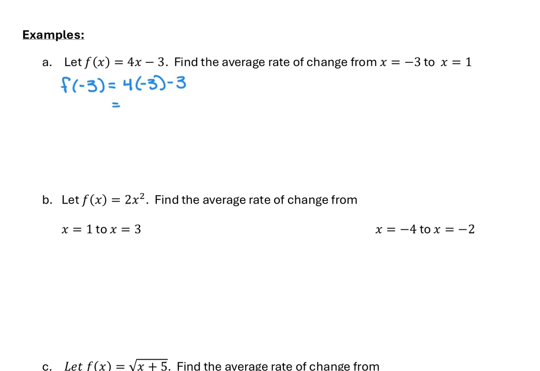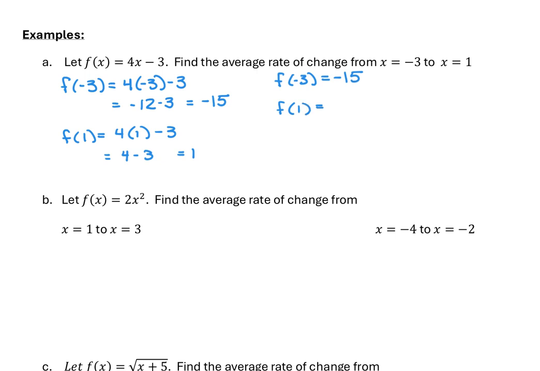Simplifying, we get -12 minus 3, which is equal to -15. We also want to plug in 1. If we plug in 1, we get 4 times 1 minus 3, which is 4 minus 3, equal to 1. And so we have f of 1 equals 1.